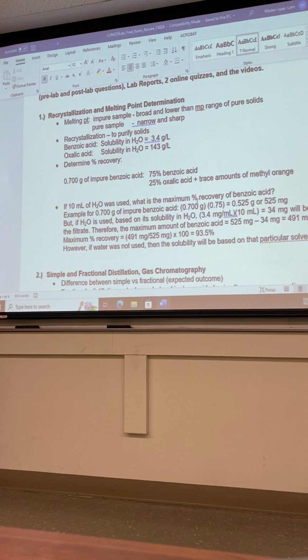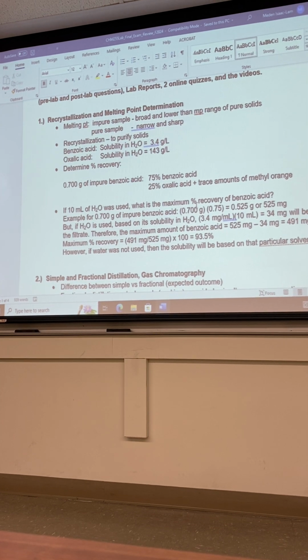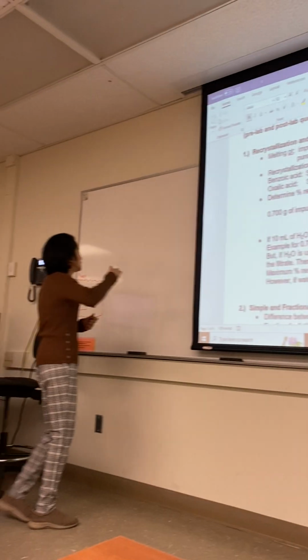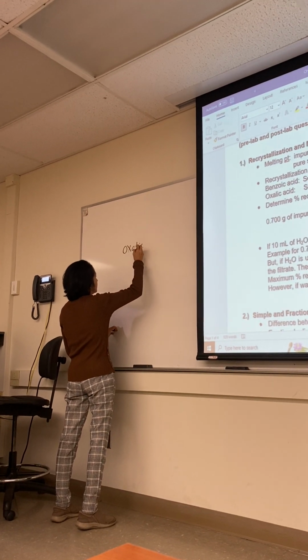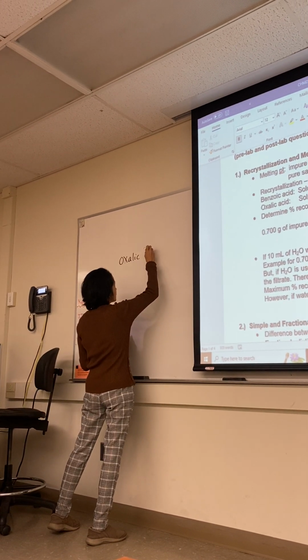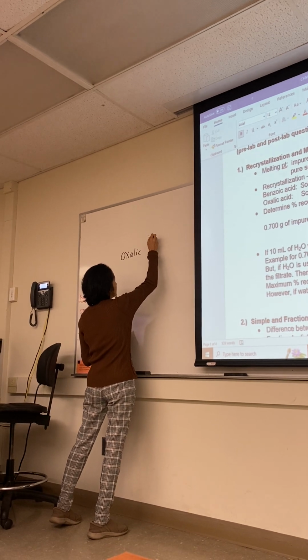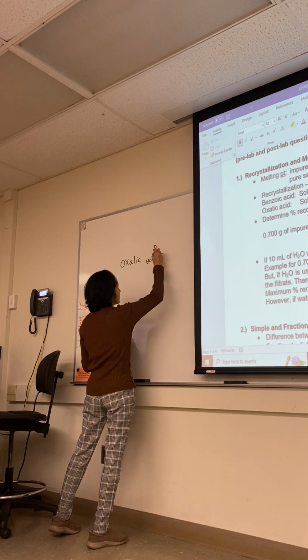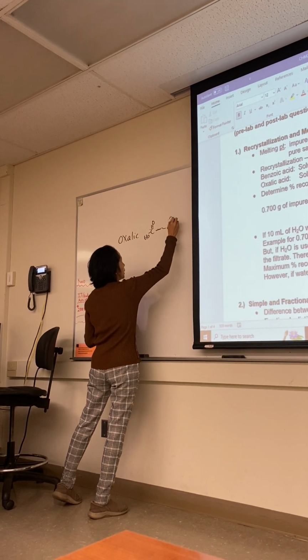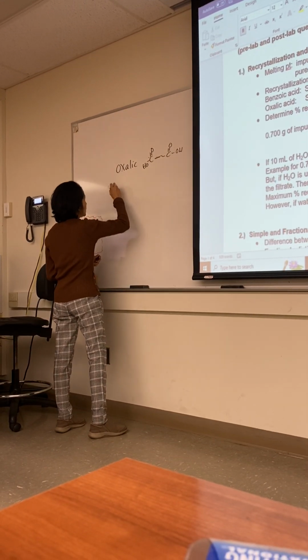So water's the answer, but let's see. For example, this is oxalic acid, right? The structure contains 2 carboxylic acids, so it's more soluble in water, okay? While benzoic acid is more hydrophobic.